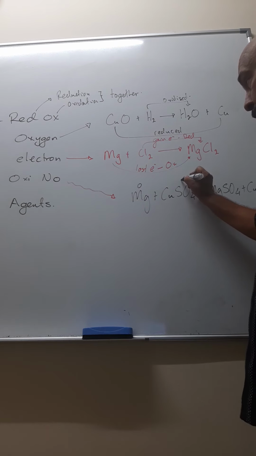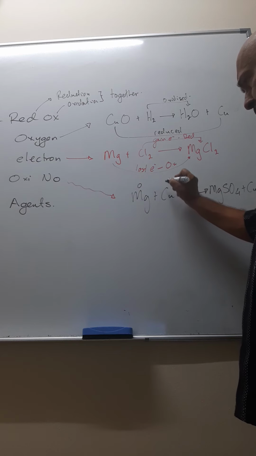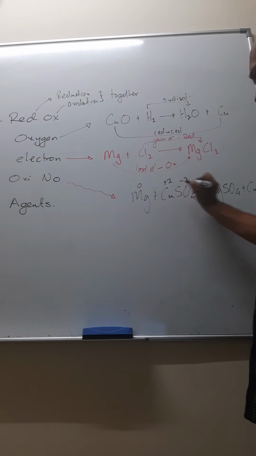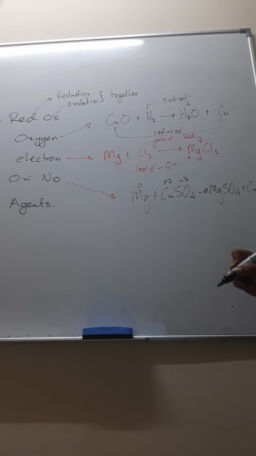Sulfate is -2, which means copper should be +2 because when you add up oxidation numbers, they should give you 0. Again, if sulfate here is -2, then magnesium has become +2 and copper has become 0. So you can see magnesium's oxidation number has gone up and copper's oxidation number has gone down.